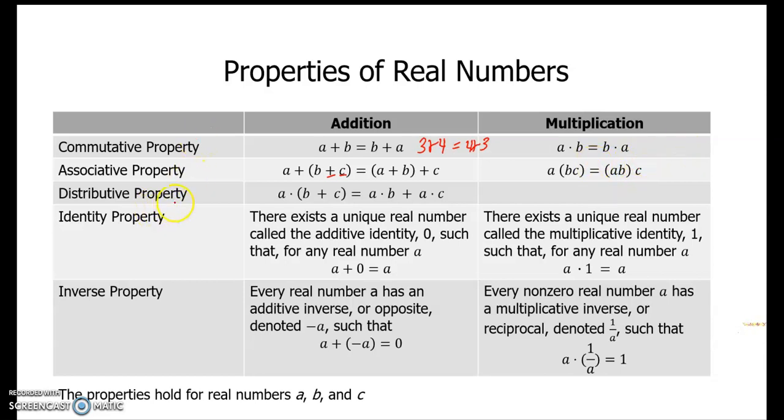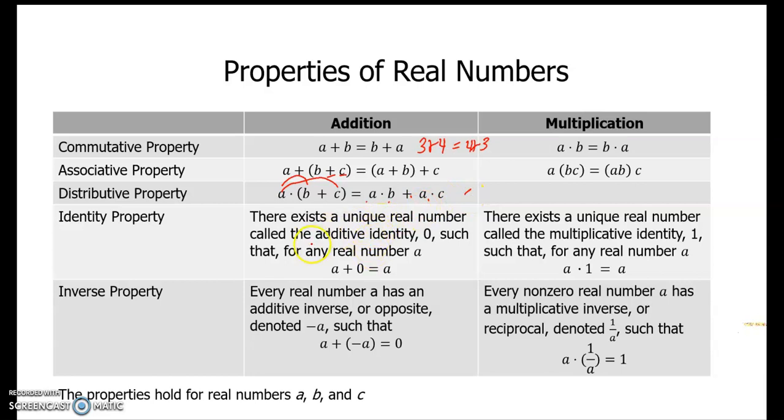And the distributive, ayan. So, ganyan lang siya, dinistribute lang siya ng ganyan. So, naging A times B plus A times C. And wala siyang multiplication property kasi parang yun na rin to mismo.